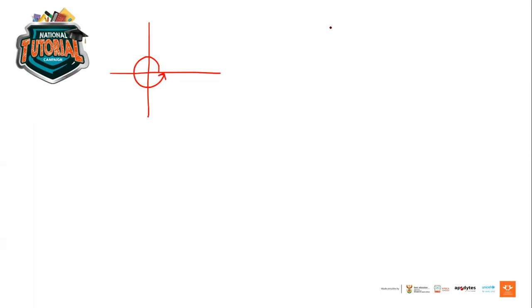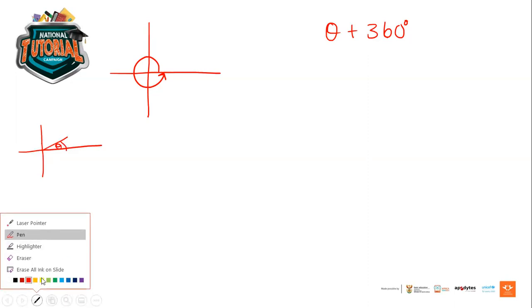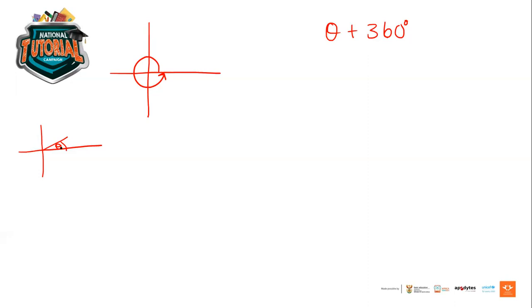So if I talk about an angle of theta plus 360 degrees, theta may have been in the first quadrant. That is my angle theta. But if I'm saying 360 degrees plus theta, it means I'm taking the theta and I'm going 360 degrees all the way around and back to where I started.